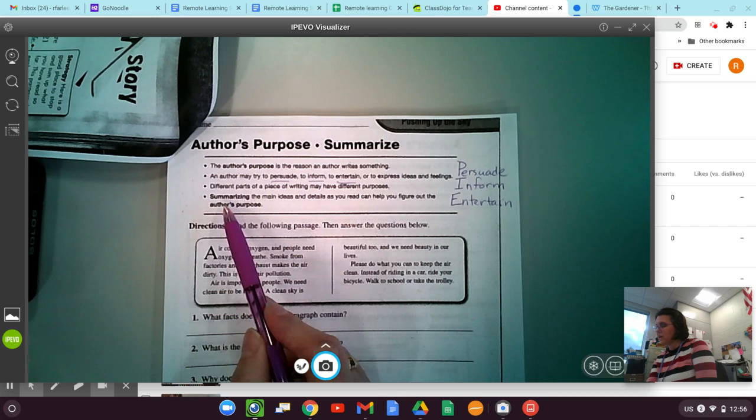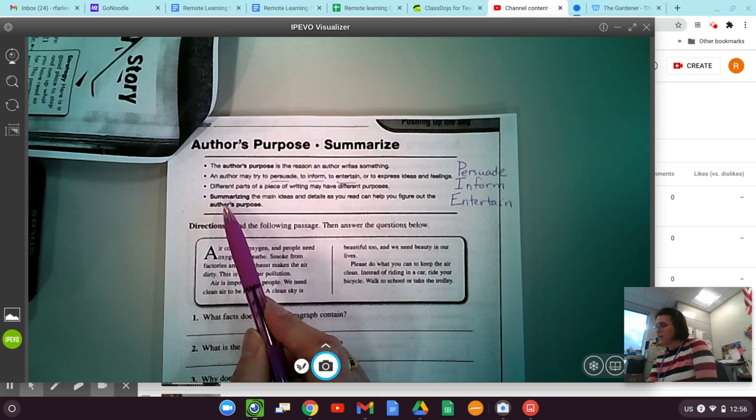So let's take a look at this passage. Read the following passage, then answer the questions below. Air contains oxygen, and people need oxygen to breathe. Smoke from factories and car exhaust makes the air dirty. This is called air pollution. Air is important to people.